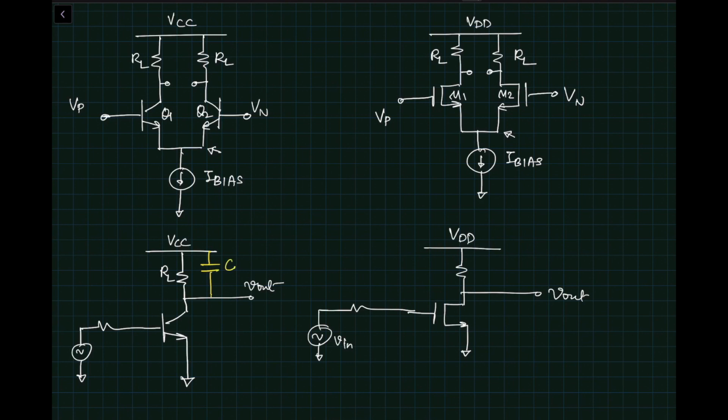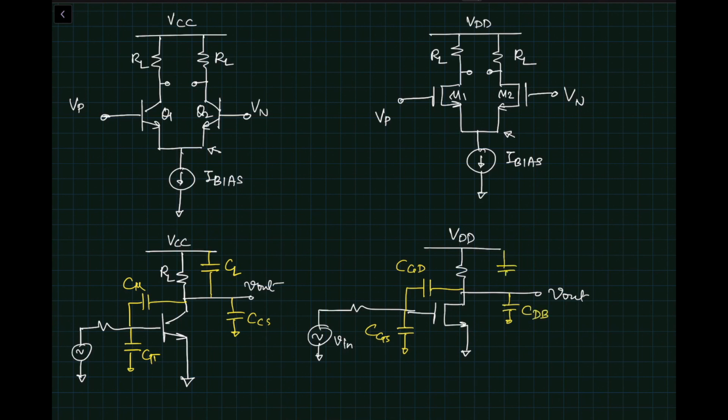It's going to look like this: CL, C mu, and C pi. For the MOSFET case, it will be CGD, CGS, CDB, and CL.